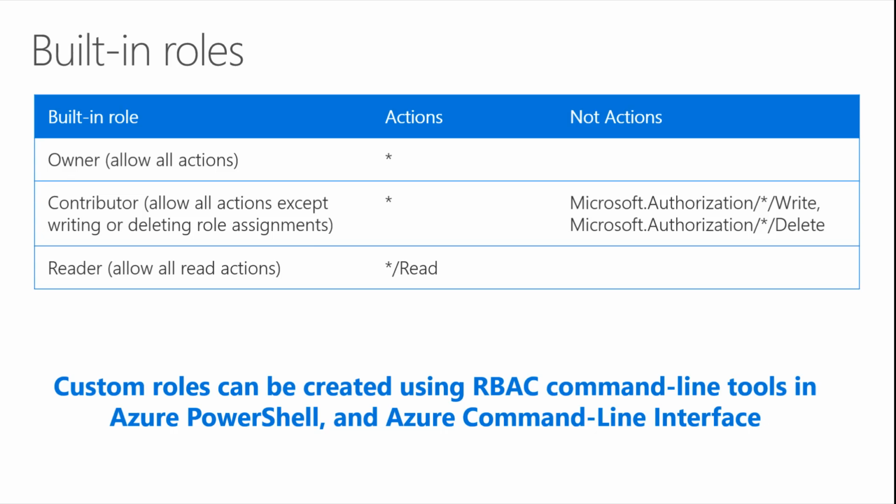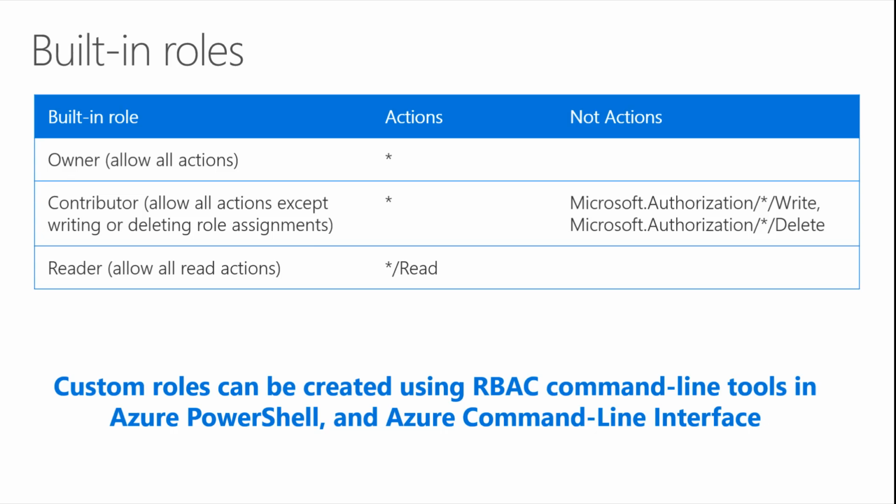So in other words, if I'm a contributor to a resource group, I cannot grant someone access to be able to do something. The built-in role contributor also cannot delete authorizations.